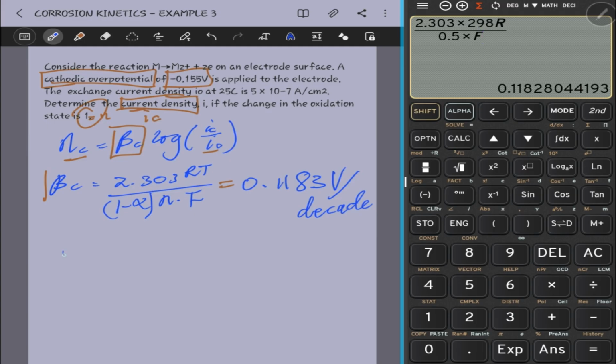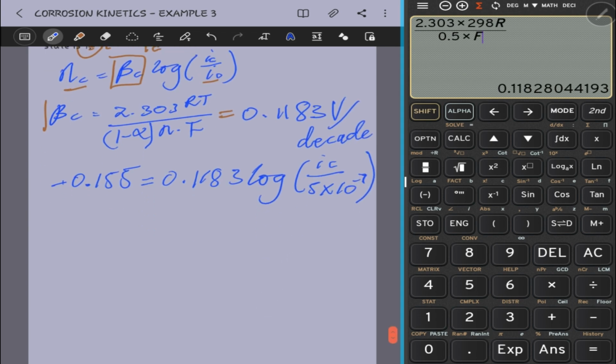So we have minus 0.155 equal to 0.1183 times log of what we're trying to find, over the etching current density, which is 5 times 10 to the power minus 7.